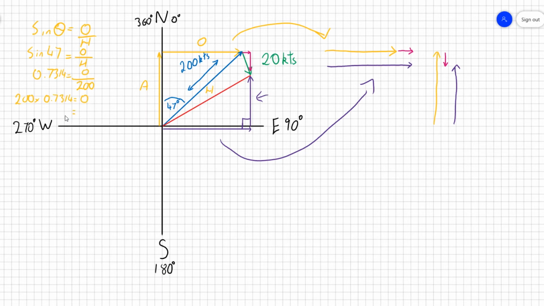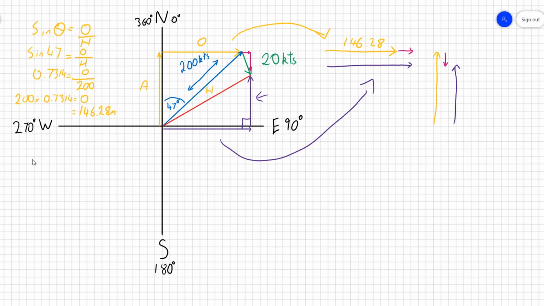Therefore opposite will equal 146.28 meters. Okay, so that's essentially this component here, 146.28.